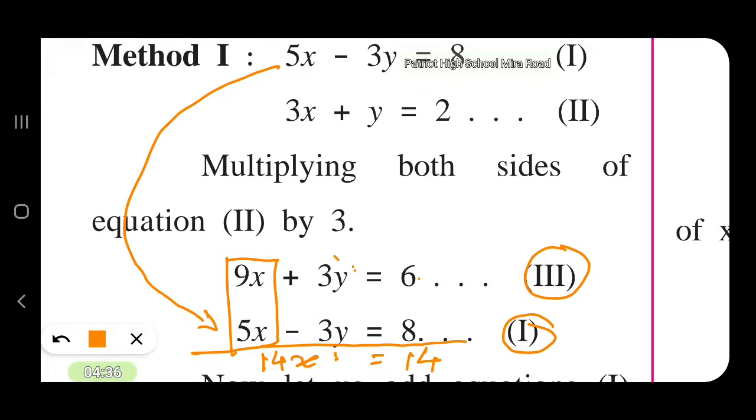There is nothing in y, because plus 3y and minus 3y will give you a 0. Therefore we have 14x is equal to 14. From this, dividing both the sides by 14, we get x is equal to 1. So x is equal to 1 is the solution for variable x.